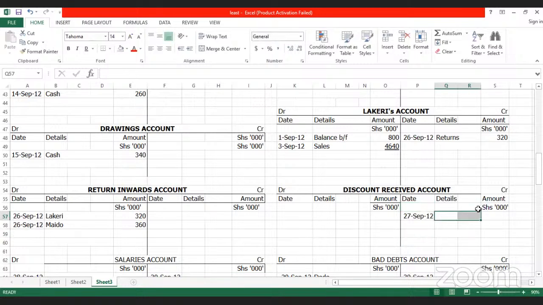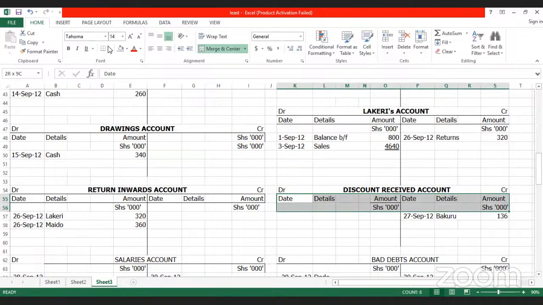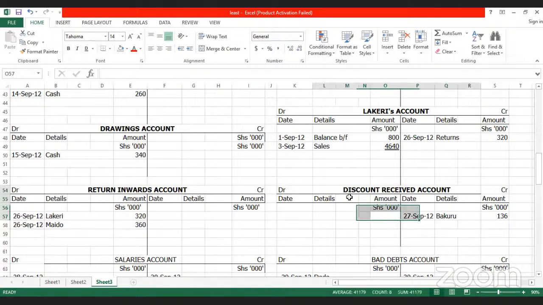We have seen that 136,000 was a discount received from Bakuru, so we can credit that in the discount received account. That's the discount received account.